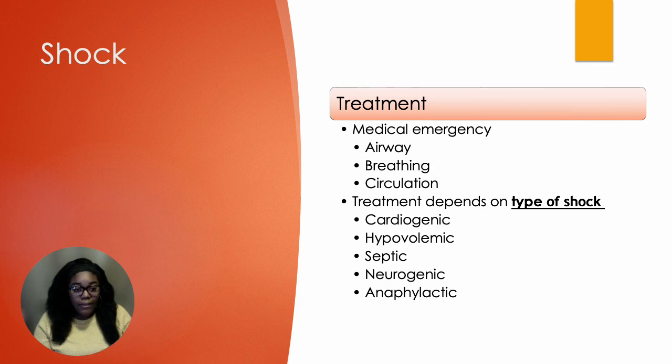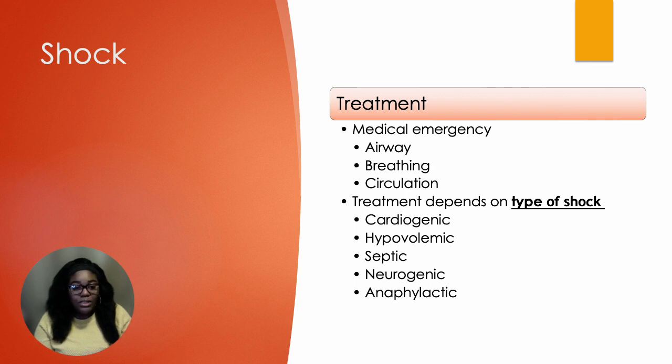So maintain their airway. You want to make sure they're breathing, and then you focus on circulation, which is the whole point. The person is not perfusing well if they have shock. So once you establish airway and breathing, then you focus on how can we get the heart pumping well enough to help perfuse the organs of the body.